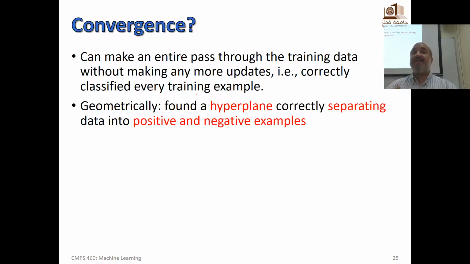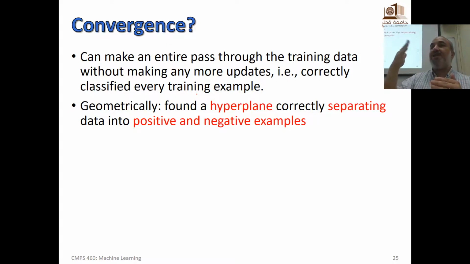Geometrically, that means that we found a hyperplane that will separate exactly the positive and the negative points, right? Because we said last time that the Perceptron algorithm is trying to find a hyperplane that will separate the two regions, the positive region from the negative region. So if it converges, that means that we found that hyperplane. Maybe we start with a hyperplane that's not perfect.